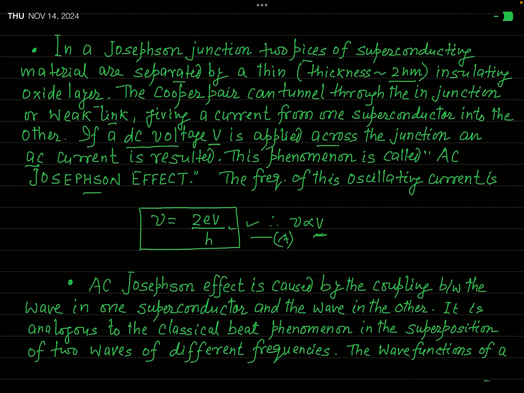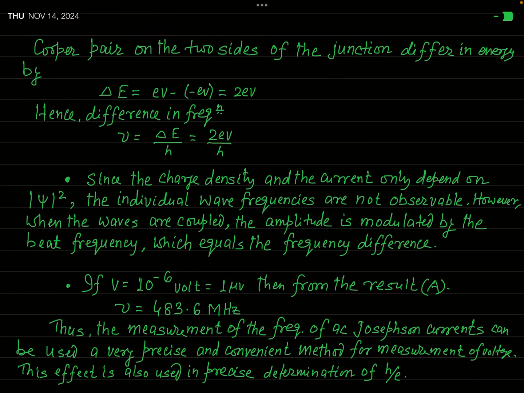Actually, this AC Josephson effect is caused by the coupling between the wave in one superconductor and the wave in the other. It is analogous to the classical beat phenomenon in the superposition of two waves of different frequencies. The wave functions of a Cooper pair on the two sides of the junction differ in energy given by this. You can see delta E equal to EV minus (minus EV).